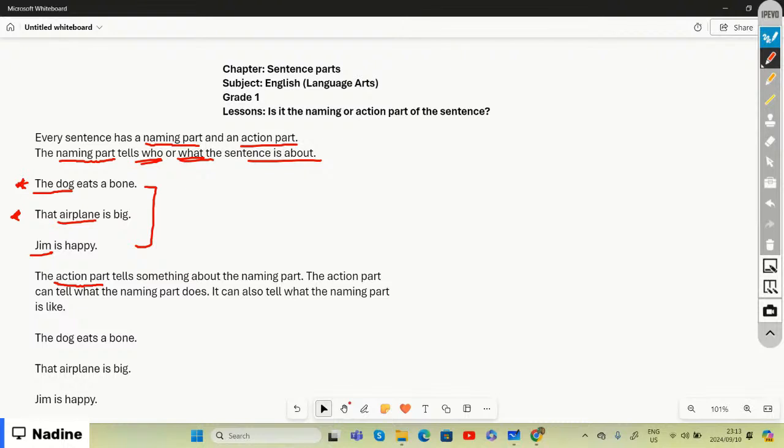So if we're talking about Jim, or the airplane, or the dog, that is the naming part. Now, when it comes to the action, we now need to say what that naming part within that sentence is doing? Because with every naming part, there's an action that they are doing.